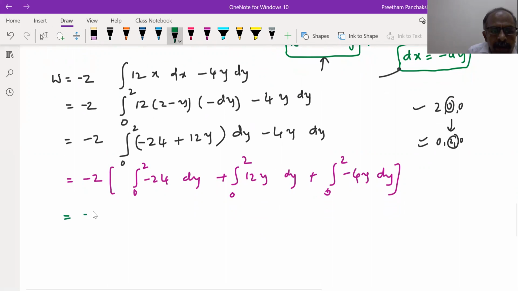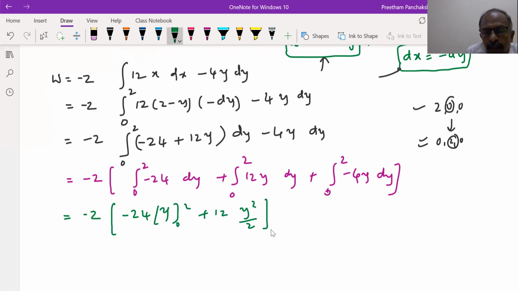So finally, minus 24 is constant. Integration of dy is y, 0 to 2. 12 is constant. Integration of y is y square by 2, 0 to 2. In this case, minus 4 is constant, and y becomes y square by 2, 0 to 2.